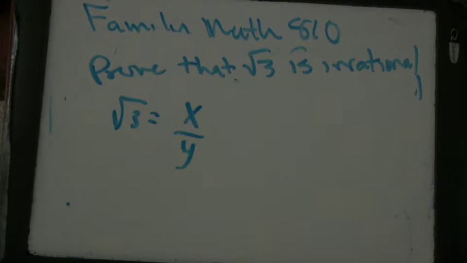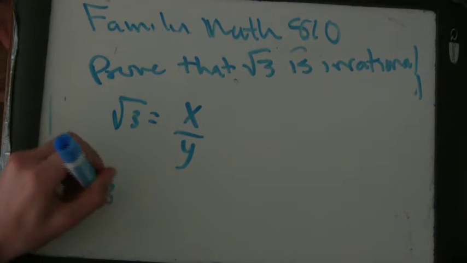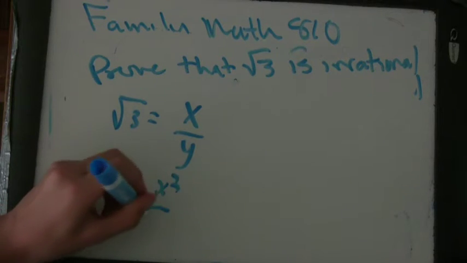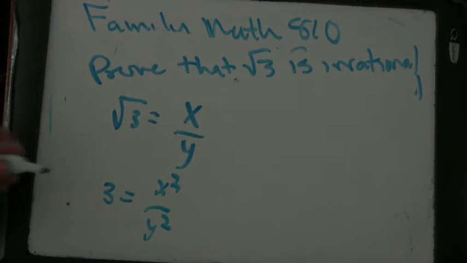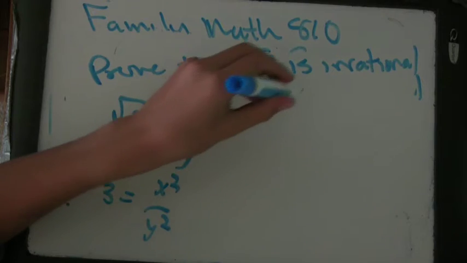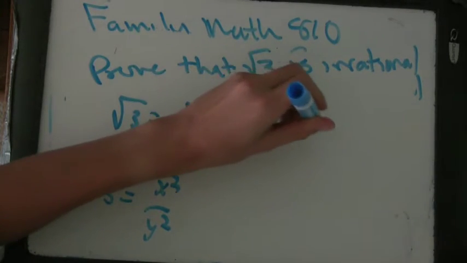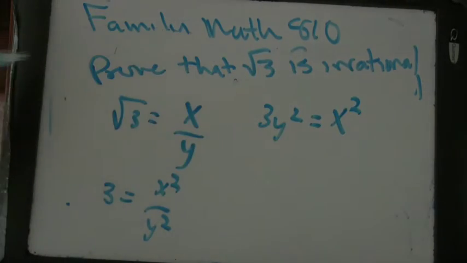Okay. Then I want to get rid of the root 3 because integers are easier to deal with. So I say 3 equals x squared over y squared. Then I get rid of the fraction: 3y squared equals x squared.